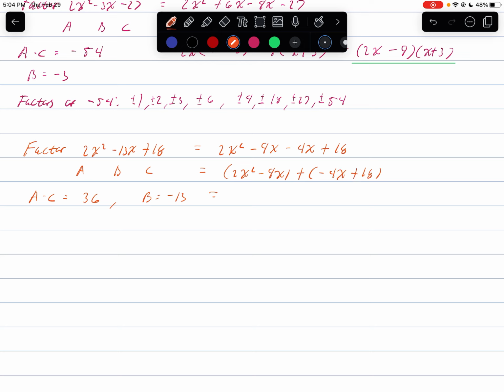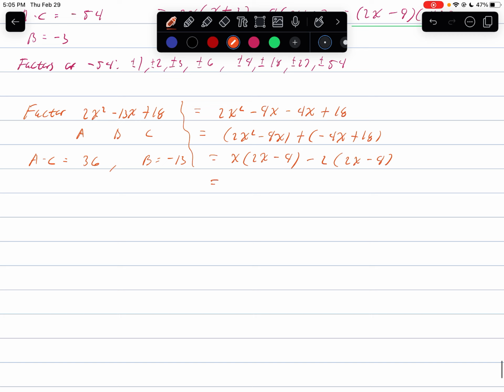So for this left side here, we can pull out an x, and we'll have 2x minus 9. And it looks like we can pull out a negative 2 here, so this will become minus 2 times 2x minus 9. And then we can undistribute that, and we'll get x minus 2 times 2x minus 9.